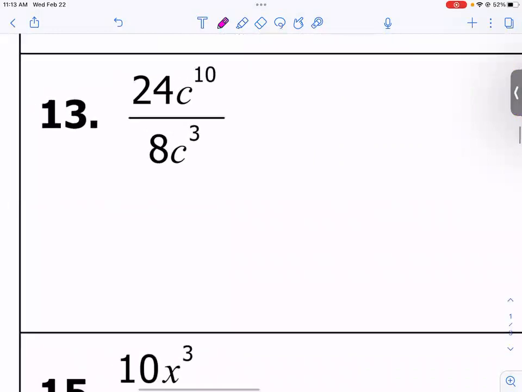Now, let's talk about when we have some coefficients. Just like yesterday, the coefficients get treated with the operation like they would normally. Okay, so Aretha, what is 24 divided by 8?